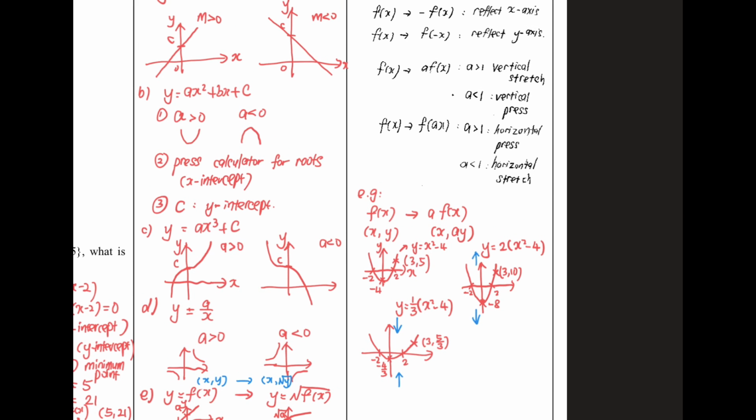Okay, now next one. As you can see here, f(x) changed to f(ax). So what happened here? When a is more than 1, horizontal press. Let's say an example. I use back the same function, and now from y equal to x squared minus 4, I multiply 2 to the x.